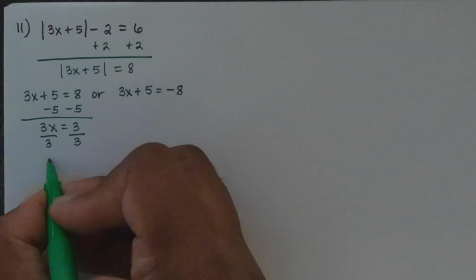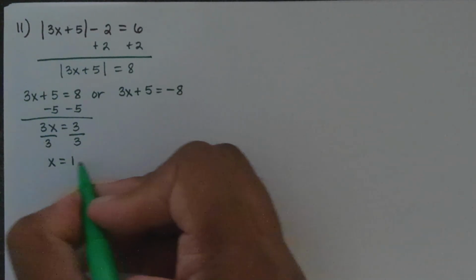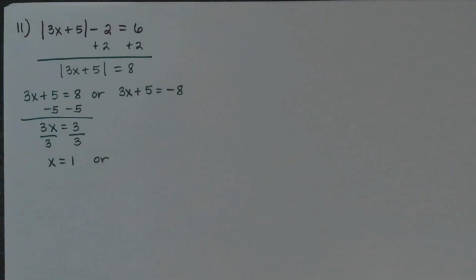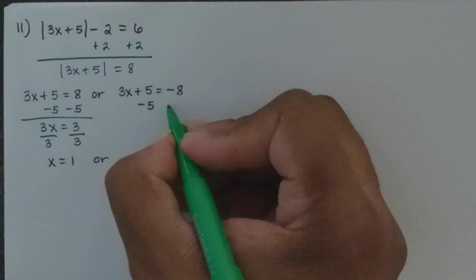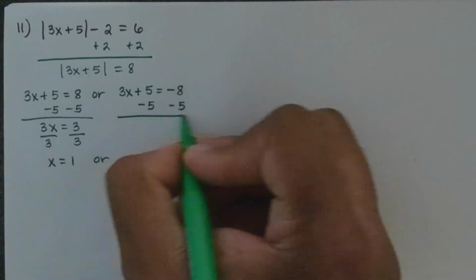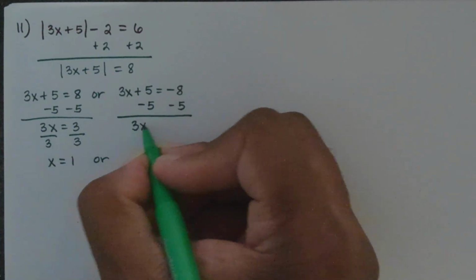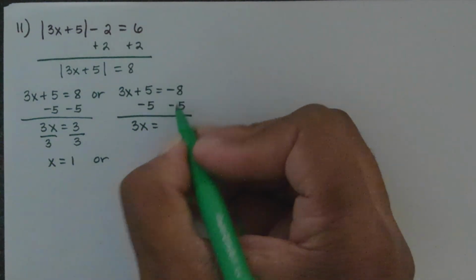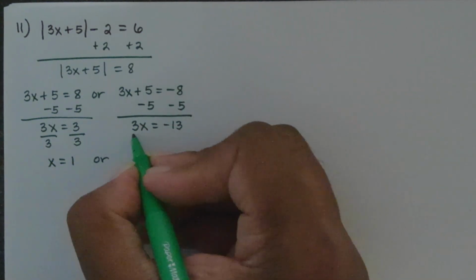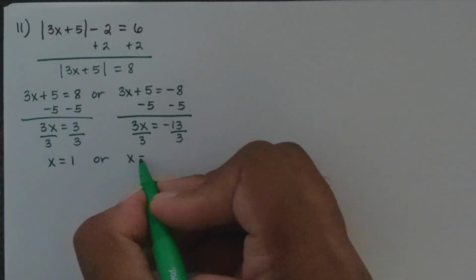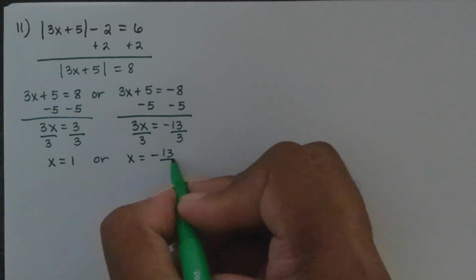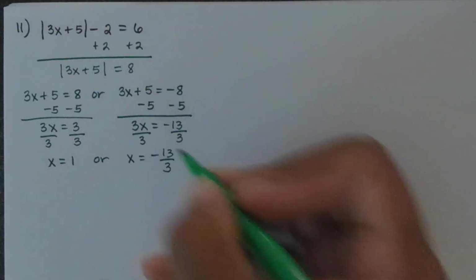Divide both sides by 3. x is equal to 1. And then for the other equation, 3x plus 5 is equal to negative 8, I still need to subtract 5 on both sides. But 3x is equal to what? Negative 13. Divide both sides by 3, and I will leave this as an improper fraction, x equal to negative 13 thirds.